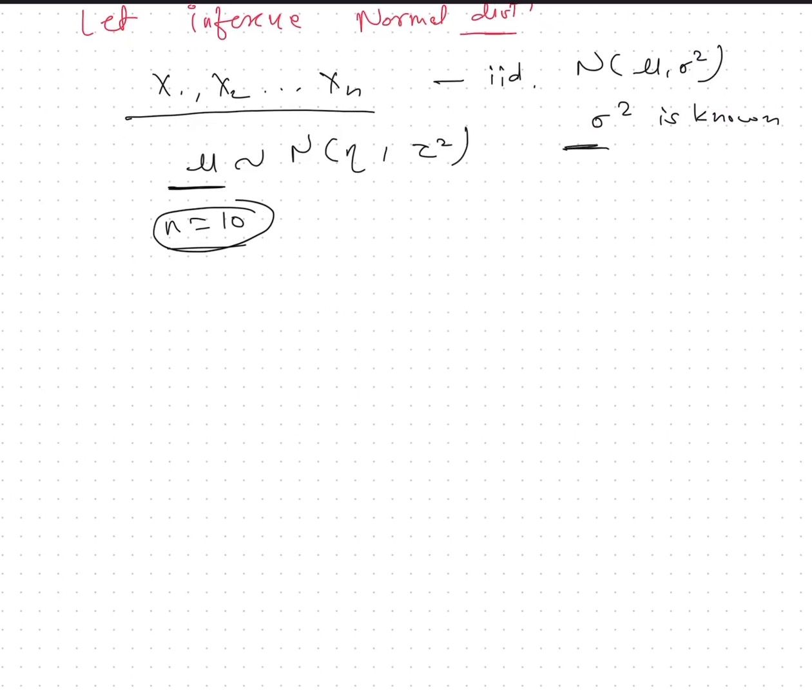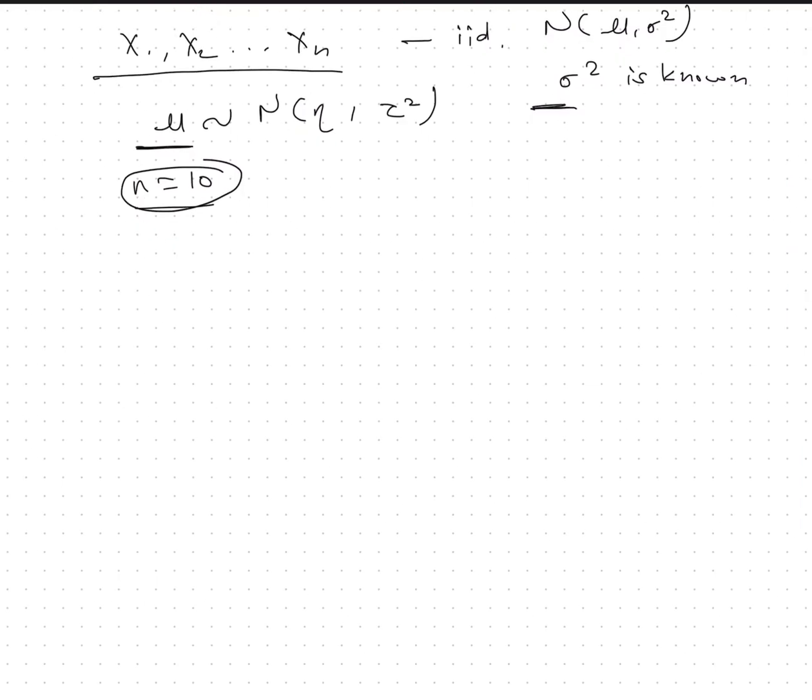So the likelihood is generally given in a very convenient way. Let's say that we have a joint function f of x given mu.